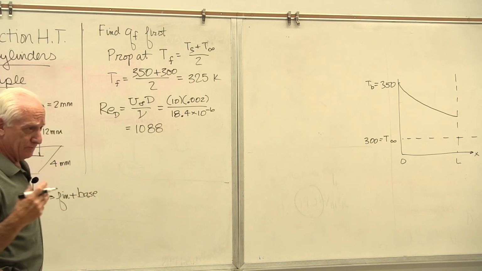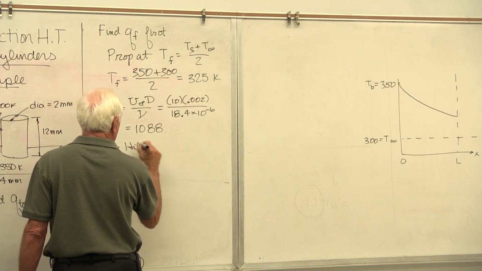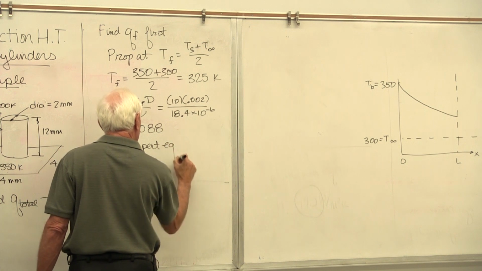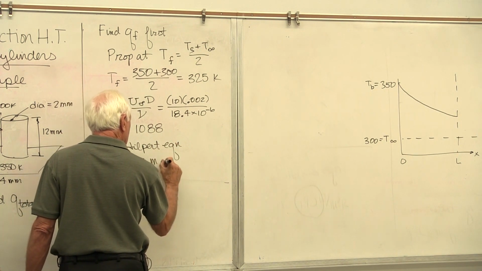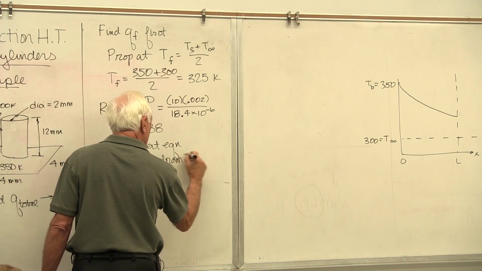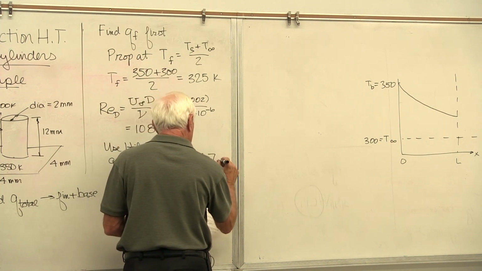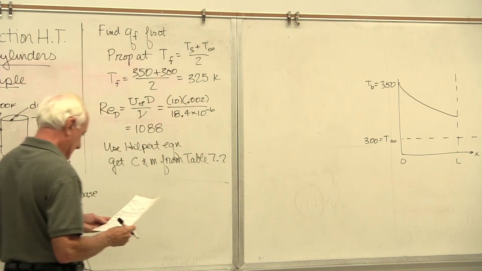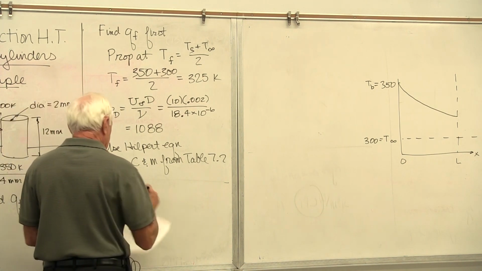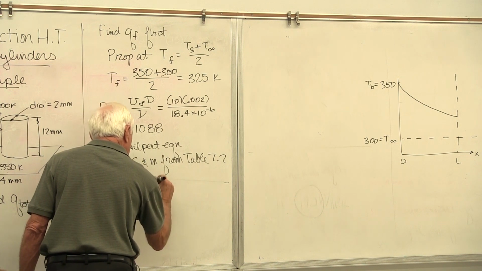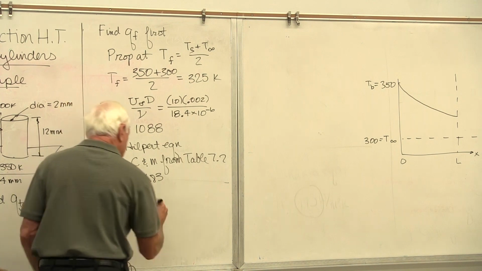I'm going to use Hilpert because that's what I said we do. So use Hilpert. Get C and m from table 7.2. And the value of C, 0.683. The value of m, 0.466.